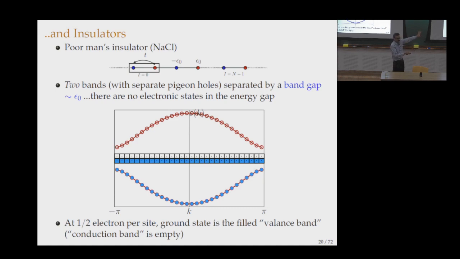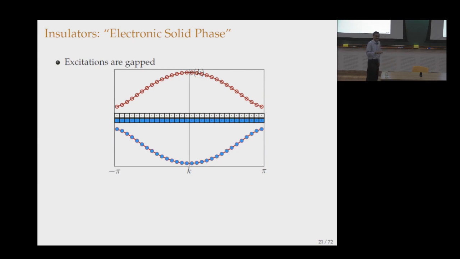So the excitation energy is independent of the system size and is finite even in the thermodynamic limit. Therefore, if I apply a small enough electric field, whose energy scale is much smaller than E0, the system will simply ignore it. It will just rearrange its states in an ever so slightly different way. It becomes a dielectric. It may get a small dipole moment of some kind, but no current is going to flow. So this is the solid phase of electrons.